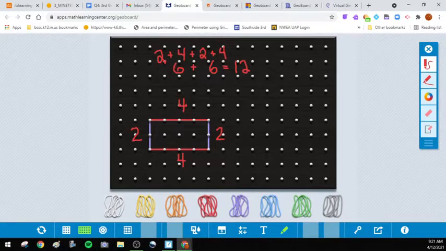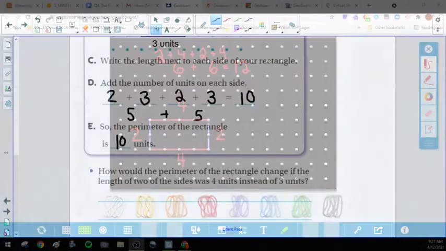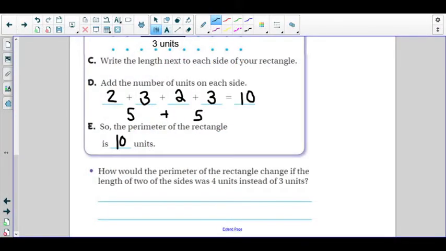All right, so heading back then to right here, how would the perimeter of the rectangle change if the length of the sides was 4 units instead of 3 units?